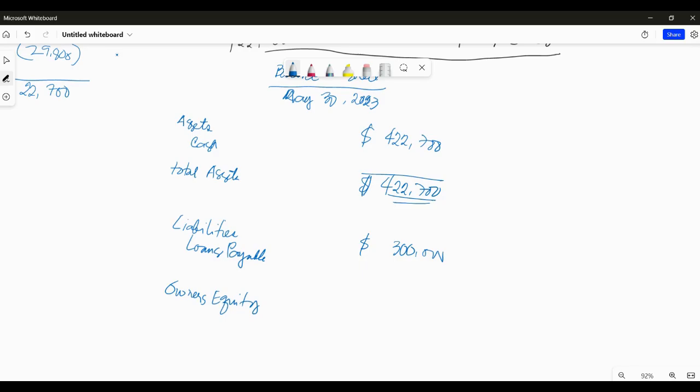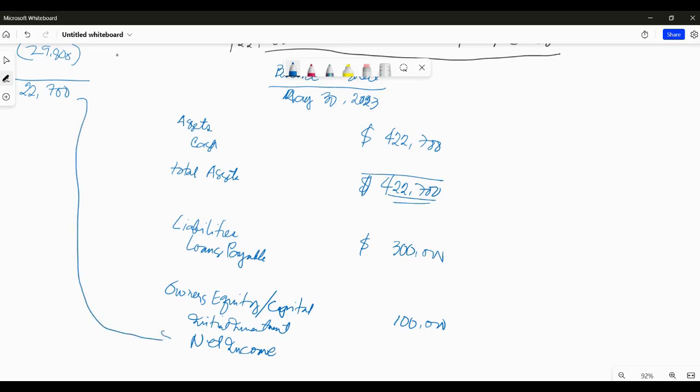We have the initial investment or capital of 100,000 and our net income, the one we computed from our income statement, will go here.